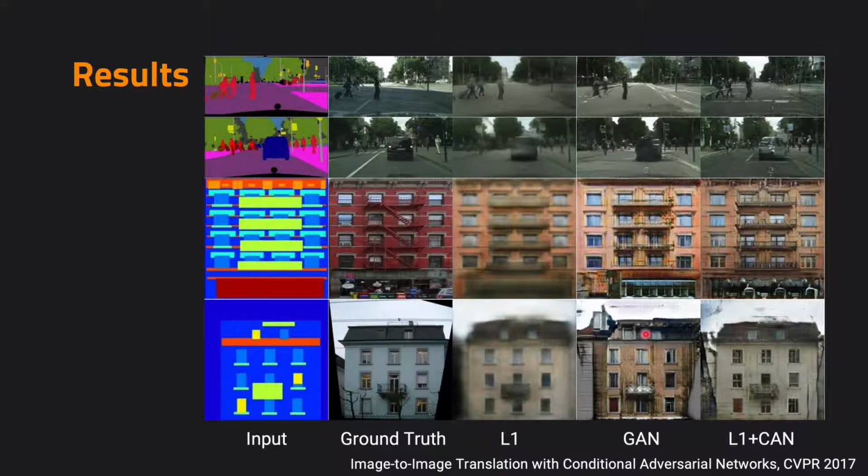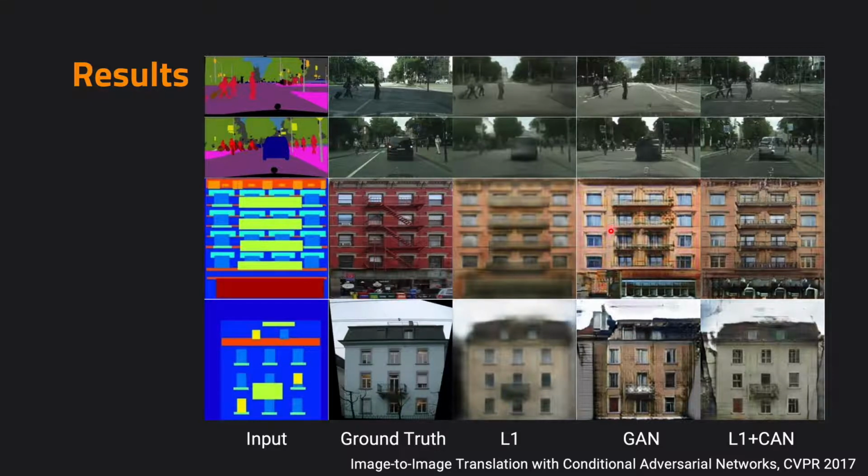On the other hand, if we only learn the discriminator, or use the generative adversarial network without using the L1 loss, we also have something undesirable, even though the result looks much sharper and real.